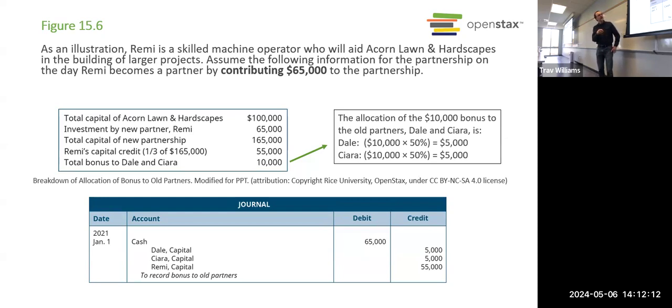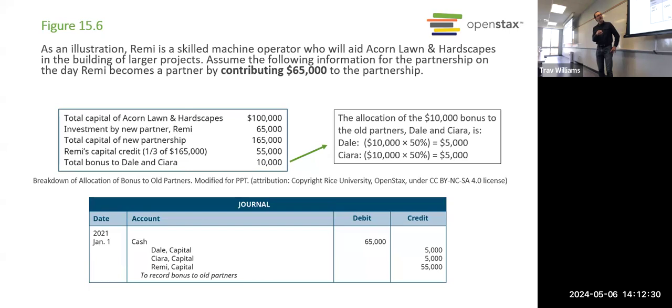So look at it this way. Again, there was $100,000 of capital originally from the 2 partners that each put in 50,000. Remy came in and contributed 65,000, so total capital of 165,000. Split that 3 ways.